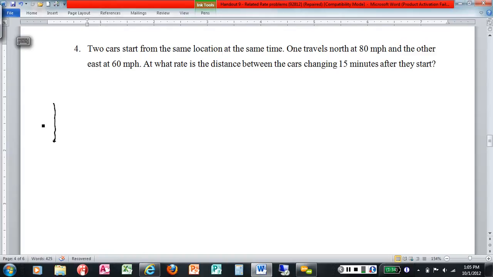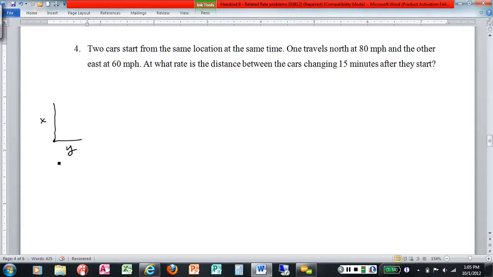So let's call that car X. And then the other is going east at 60. Let's say that's Y. By that I mean, let X be that distance traveled. They're going to go so far after so many hours. So X and Y are those respective distances.